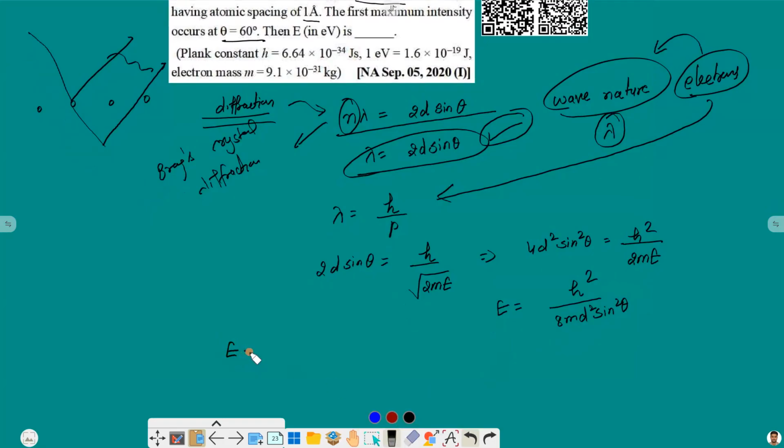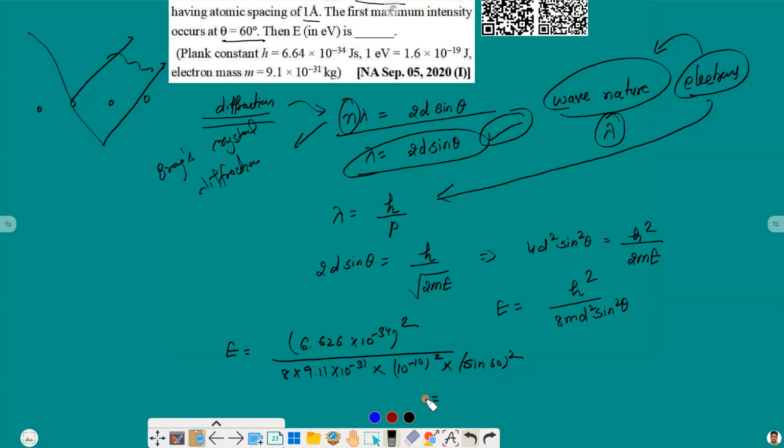So E will be equal to 6.626 times 10 raised to power minus 34, squared, divided by 8 times mass 9.11 times 10 raised to power minus 31, into, here we have d, that is the spacing, that is angstrom, so 10 raised to power minus 10 squared, and sine of 60 squared.